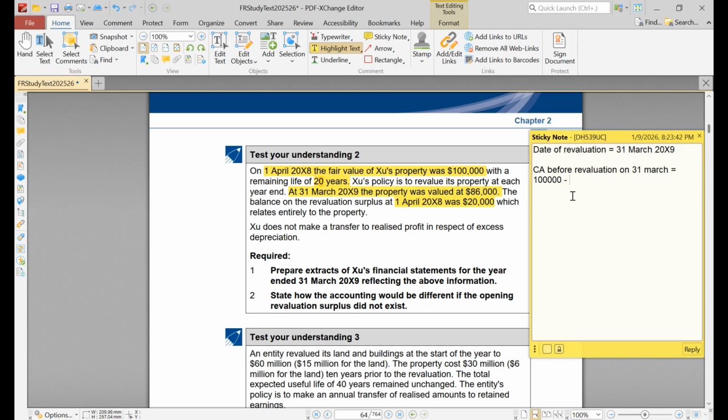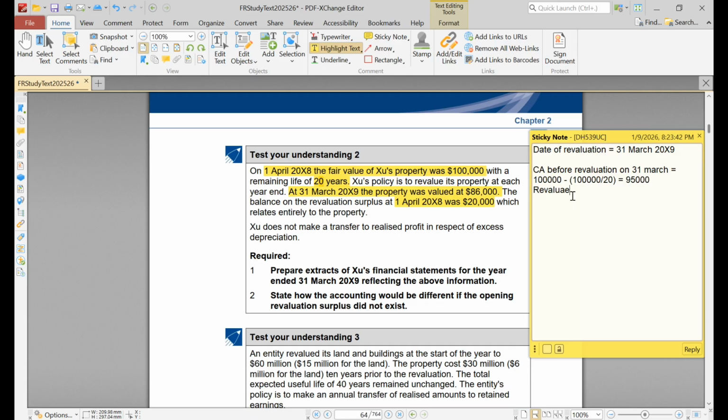The carrying amount is basically cost minus depreciation. So at 31st March, the carrying amount would have been 100,000 minus depreciation, which is 100,000 divided by 20, which is 5,000. So 100,000 minus 5,000 is 95,000.